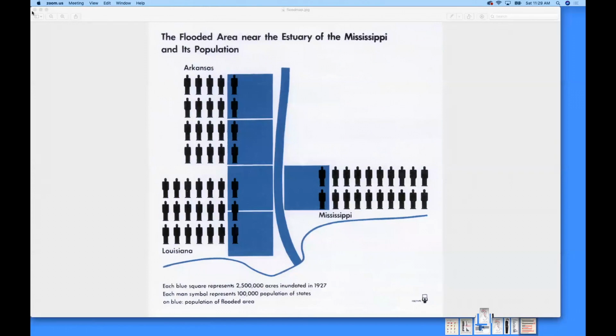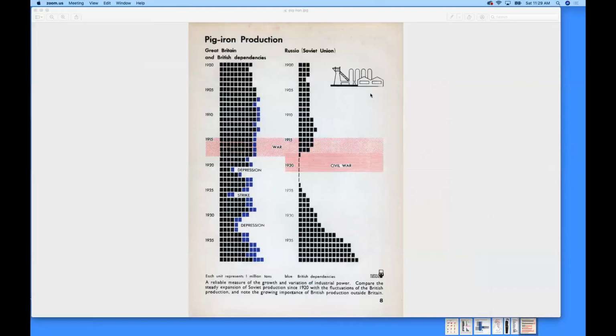Now, sometimes Neurath did use abstract shapes, like this chart of pig iron production. This is an example, I think, of why modern unit charts are often called isotypes.